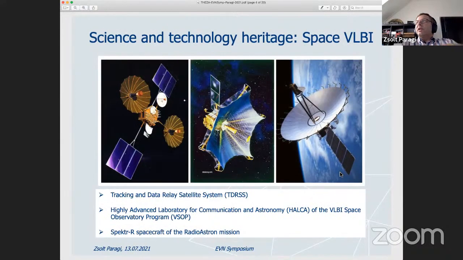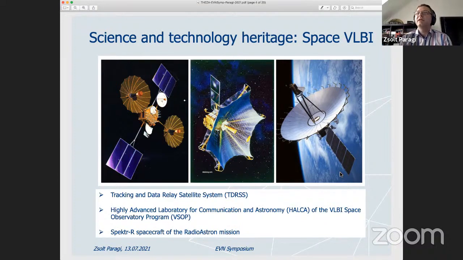Now, as you all know, space VLBI has been realized already. There were 3 successful missions. The very first one, at the end of the 80s, was a demonstration experiment for a few quasars. After that, there were 2 missions, the Japanese-led VSOP mission, and the Russian-led RadioAstron mission.